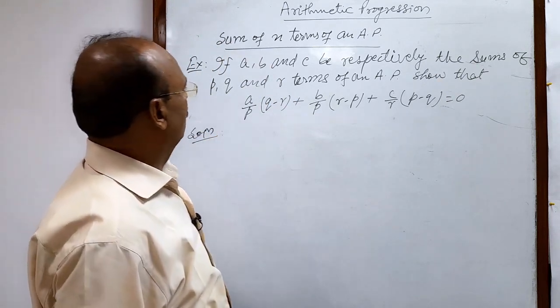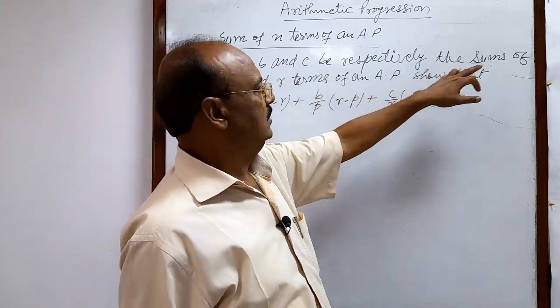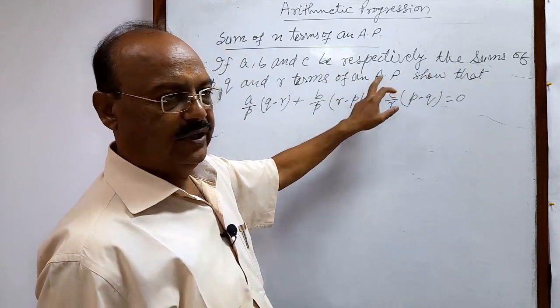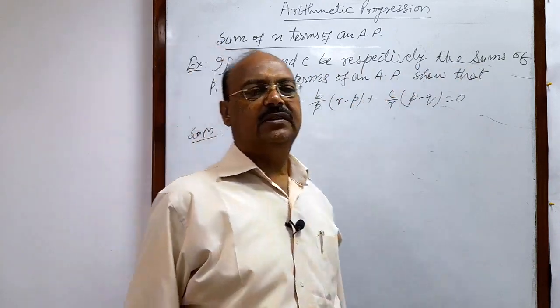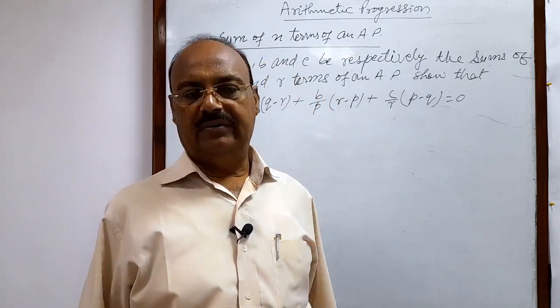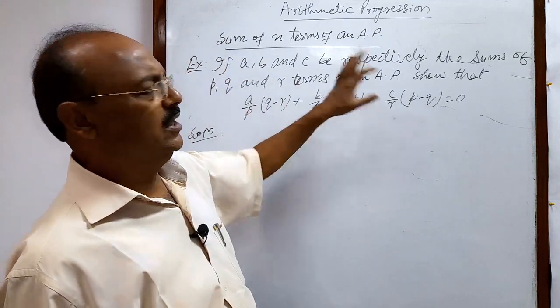Here A, B and C are respectively the sums of P, Q and R terms of an AP. Generally we take small a as the first term and D as the common difference of an AP, but here A is being used for another purpose.